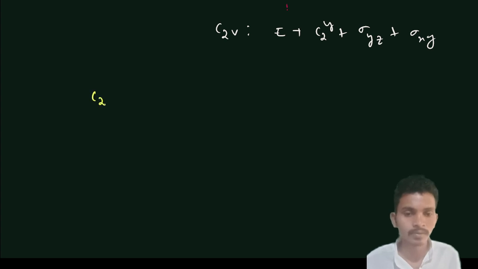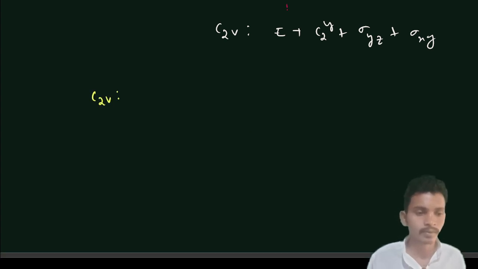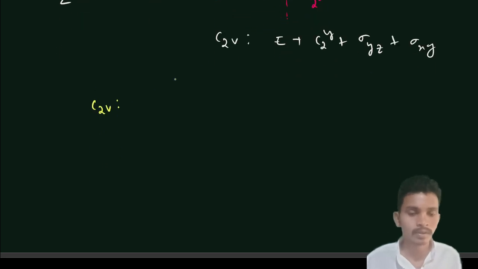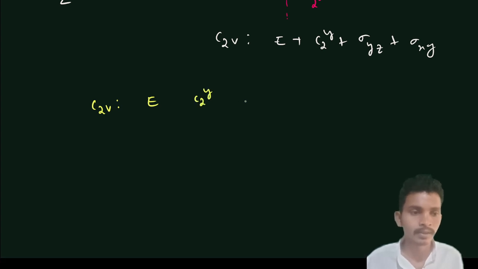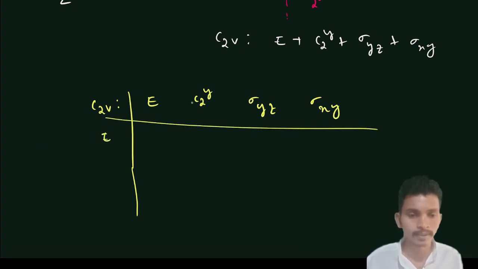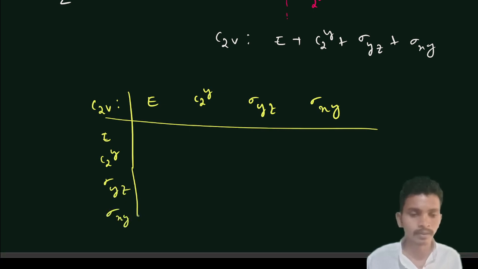So here for C2B, one is E, another is C2y, sigma yz, and sigma xy. And similarly I will do here also: E, same things I will repeat, C2y, sigma yz, and sigma xy.